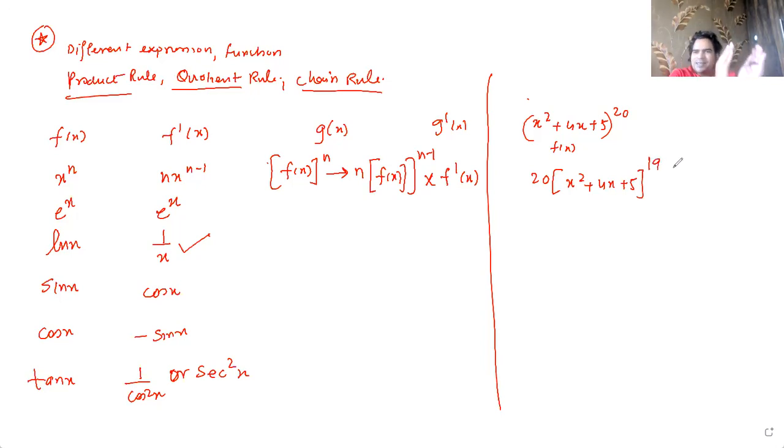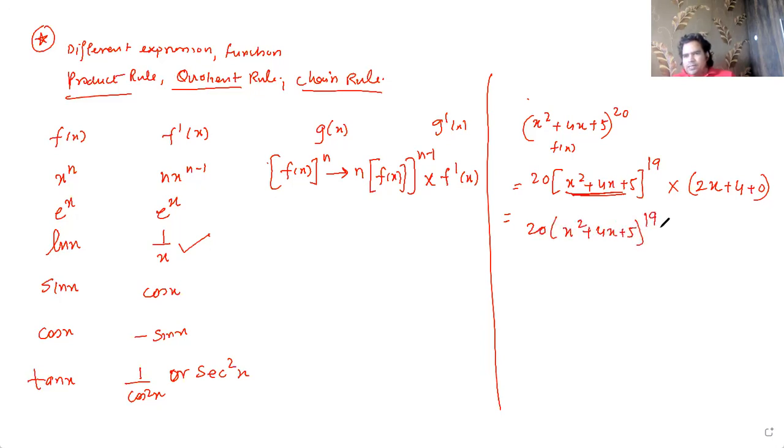So the first step is you differentiate as you normally do for x to the power n, times the derivative of the child function. The child function here, you all will agree, has derivative 2x plus 4, and the derivative of 5 alone will be 0. That simplifies to 20 times x squared plus 4x plus 5 to the power 19, times 2x plus 4.